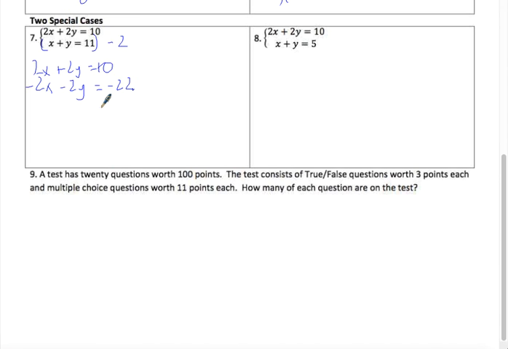10 plus negative 22 equals negative 12, I think. 2x minus 2x is 0. 2y minus 2y is 0. So we've reached the statement 0 equals negative 12, which I believe is false. And what that means is that this system has no solution.